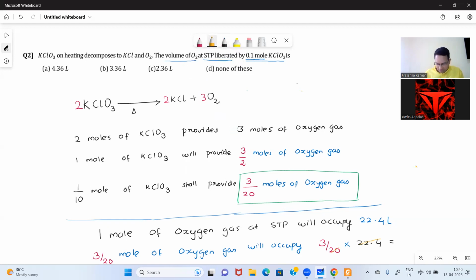22.4 divided by 10 is what? 2.24. Yes. 2.24 divided by 2 is 1.12.